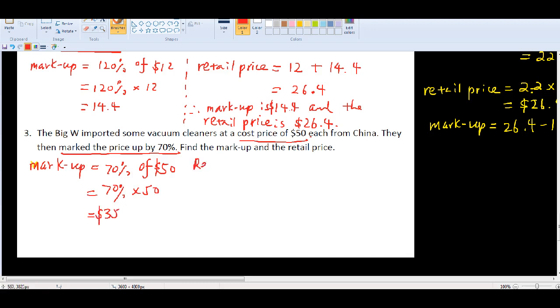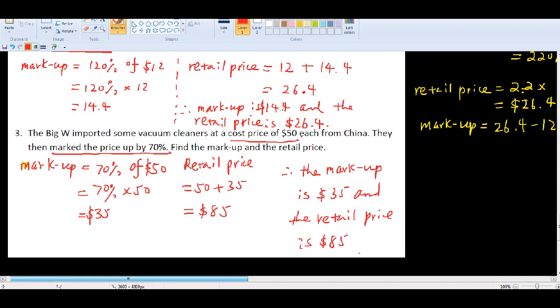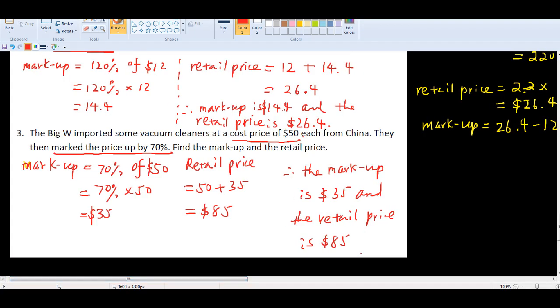Okay, so the retail price, just add them. The markup is $35 and the retail price is $85. Okay, that's question 3.